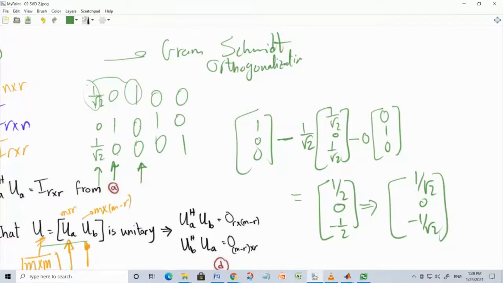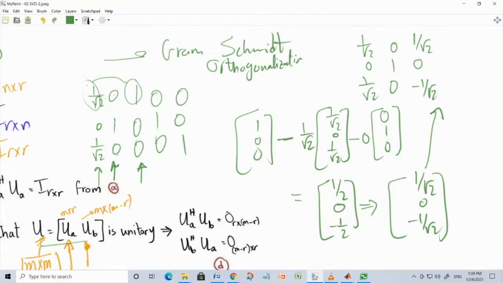So your vectors now become 1 over square root 2, 0, 1 over square root 2; 0, 1, 0; and to complete the space, 1 over square root 2, 0, minus 1 over square root 2. You can check that this is a unitary matrix.